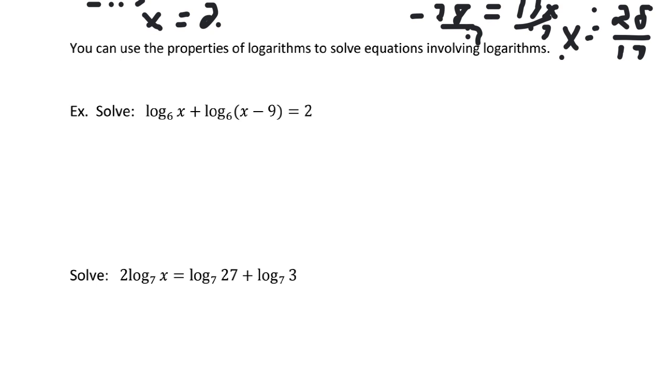So because I have a base 6, this is going to be log base 6 of x times x minus 9 equals 2.